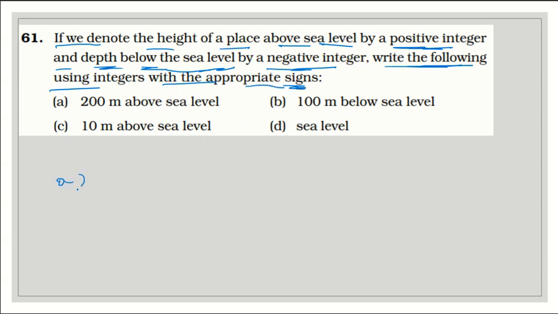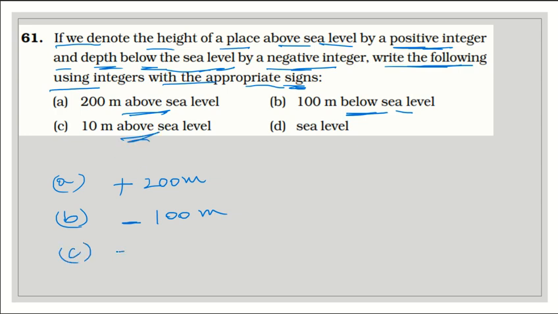See, above will be shown as plus 200 meters, and below sea level is shown as negative 100 meters. Above positive, below negative, and if it is sea level, certainly 0 only.